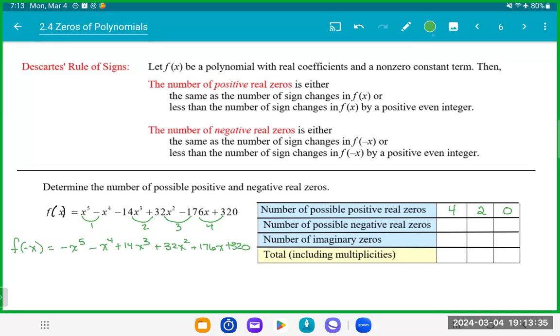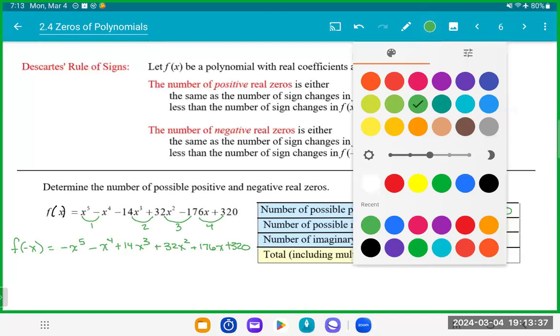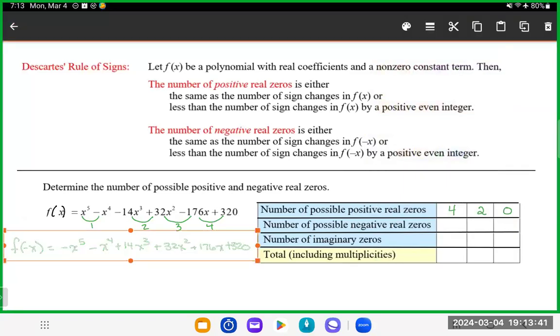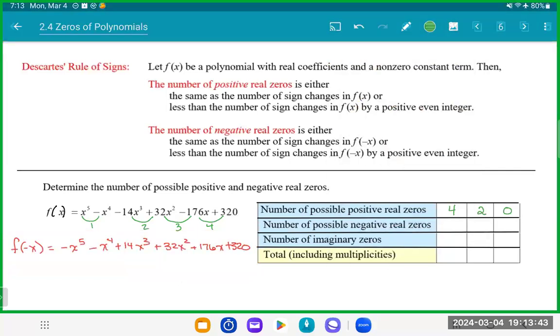Now let's look at our sign changes. We have one from negative to positive, and everything else is positive. So we only have one sign change, and we can't decrement that by 2, so this has to be a 1.